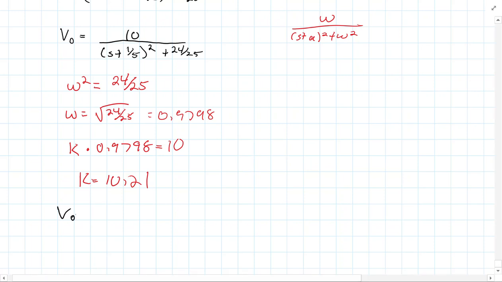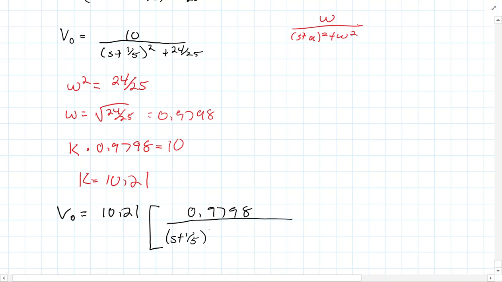So V out is equal to 10.21 times, I'm going to put it in brackets now, 0.9798 over s plus a fifth quantity squared plus 24 over 25.